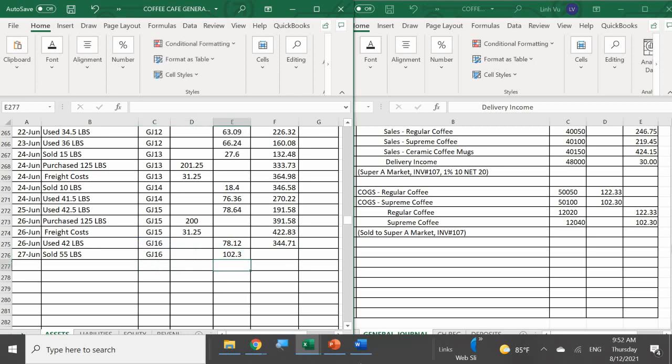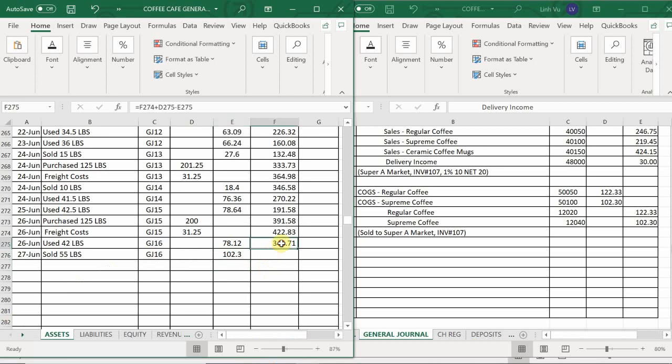Our credit amount is 102.30. That leaves 242.41. Yes. And that's exactly what we solved in our inventory worksheet.